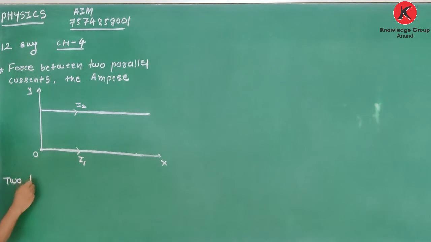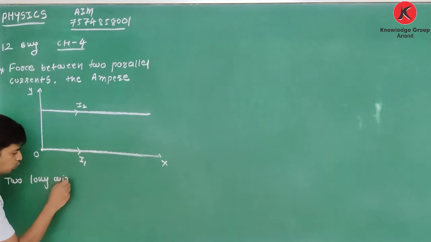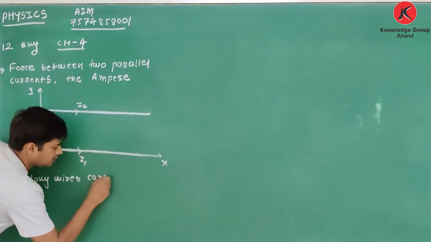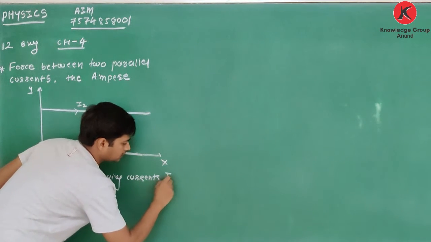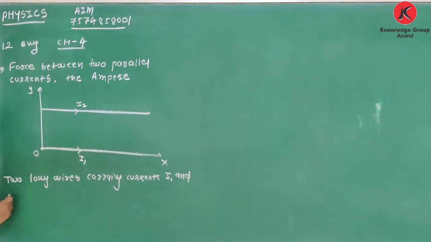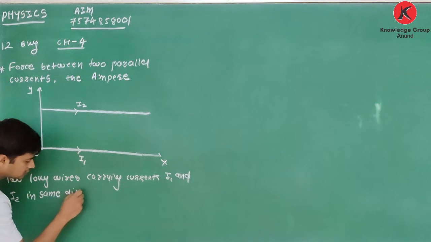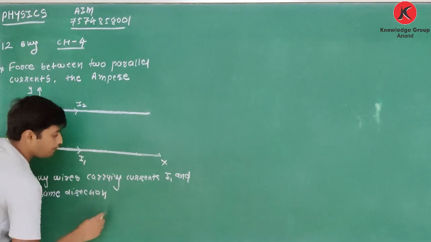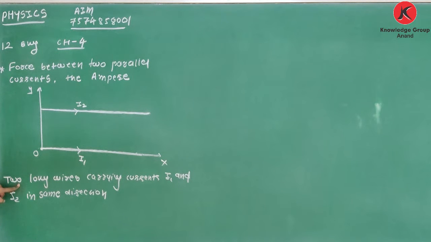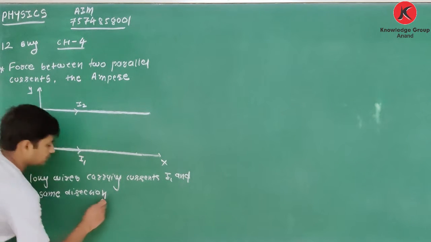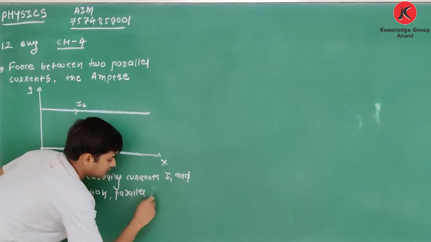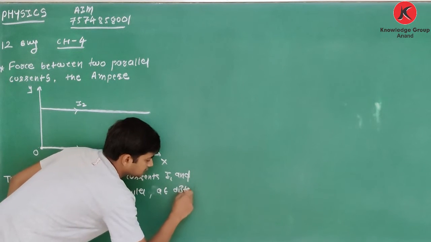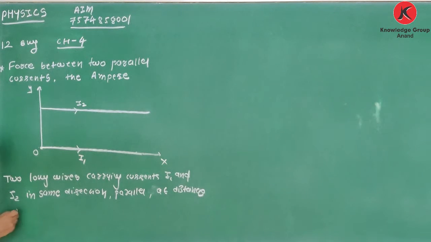So, two long wires carrying currents I1 and I2 in the same direction, parallel to each other, at a distance d apart.